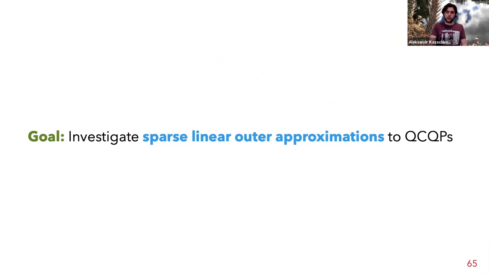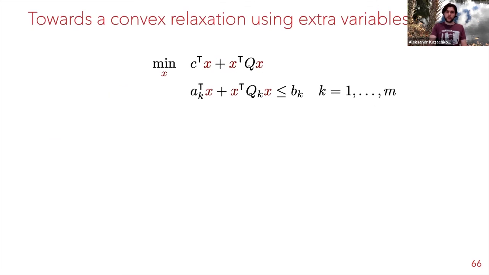Our goal is just to investigate sparse linear outer approximations to such problems and compare those computationally to what happens if we use a denser version of the same outer approximation. The steps that we're going to take are first a few transformations of the original problem.